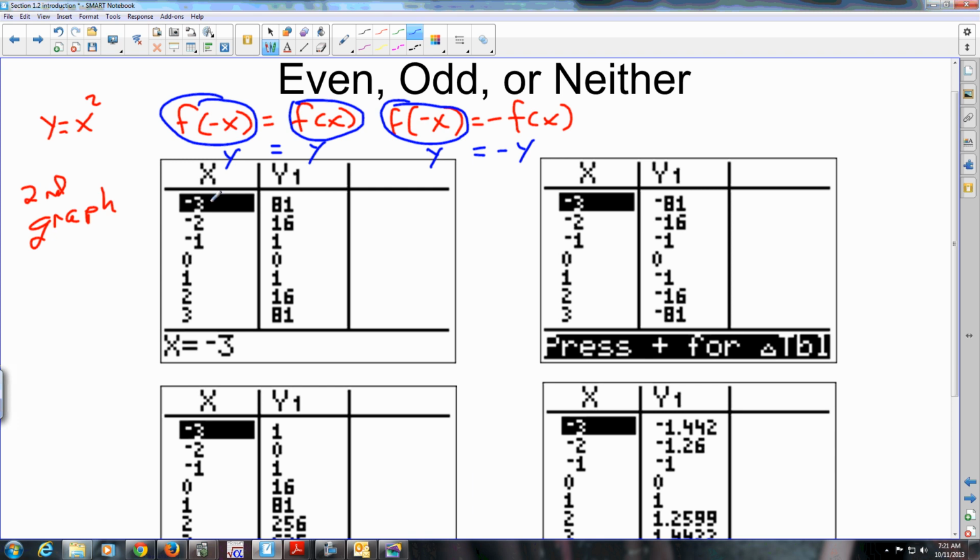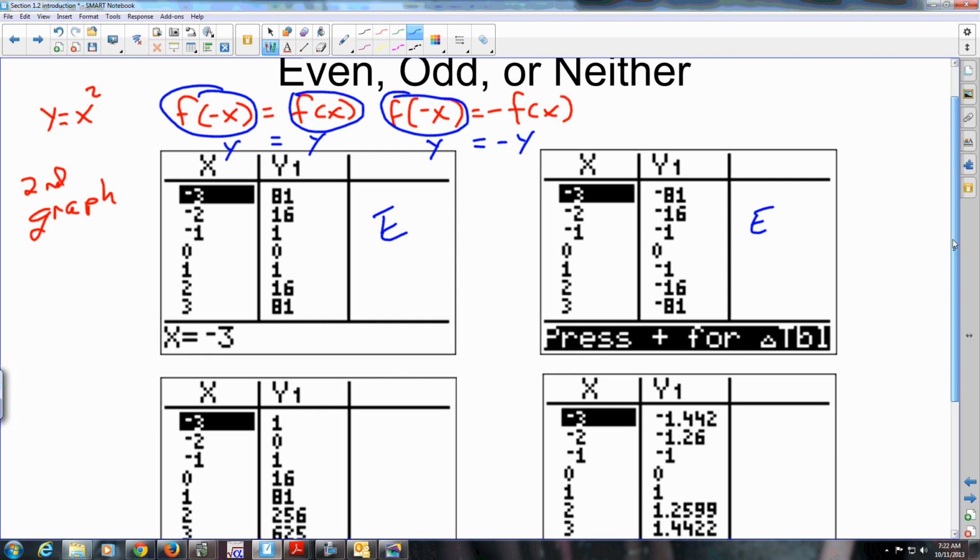So here, -3, +3, they're both 81. They're exactly the same number. So this one is even. -3, +3, -81, -81. This one is also even. So it's not making a claim about what the sign on the number is. It's just when you change the sign on the x's, the y's are identical. -2, +2, -16, -16.